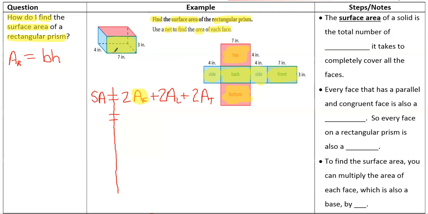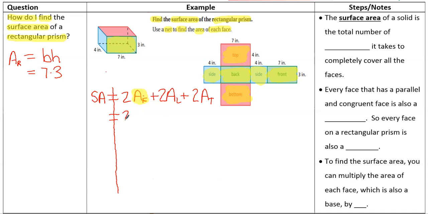So this 7 and this 3, that's the base and the height. So the area of the rectangle would be equal to 7 times 3. Well, hey, the area of the front is the area of this rectangle.